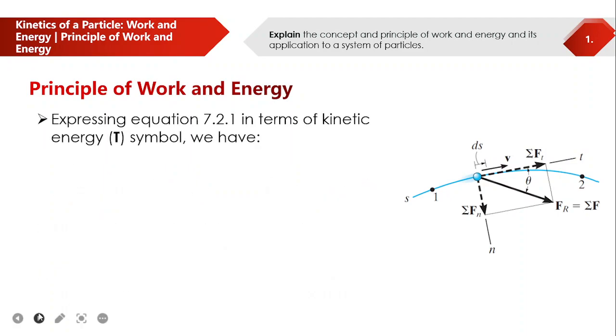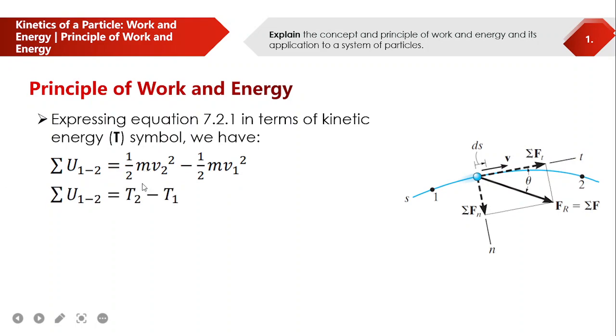So expressing equation 7.2.1 in terms of kinetic energy symbol, then we can have from this to this. Okay? So 1 half mv sub 2 squared is T sub 2. And 1 half mv sub 1 squared is T sub 1. So gano'n lang talaga yung pag-anyo.